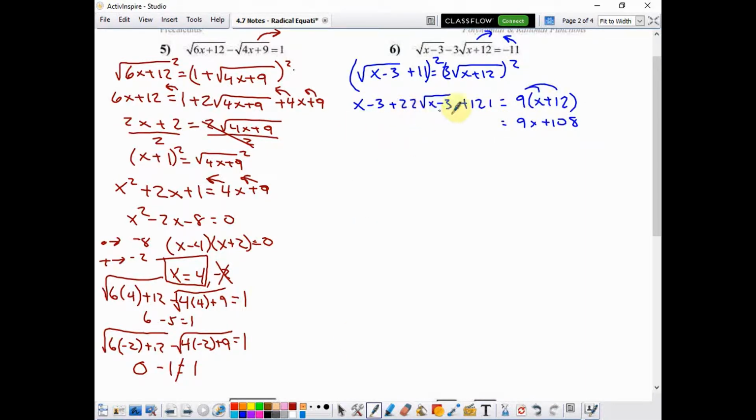I still have a radical here, so I'm going to take everything that's not the radical term and move it over. So 22 times the radical equals 9x minus x is 8x. 108 plus 3 is 111. Minus 121 is negative 10.